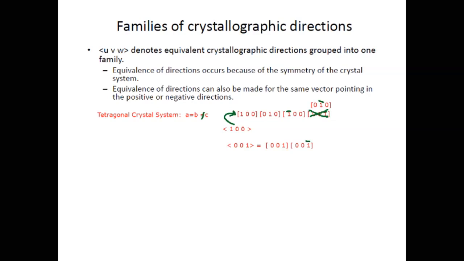Likewise, just to show you one more example of a family, if we had the 1, 1, 0 family, this would include the 1, 1, 0 and the 0, 1, 1, and of course the negative 1, negative 1, 0 family.